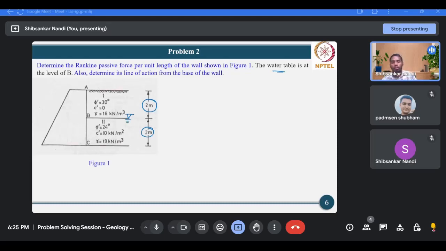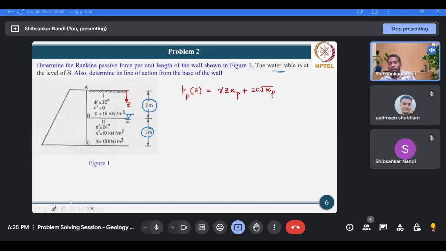First we'll see the generalized expression for variation of passive earth pressure with depth. If Z is measured from the top of the backfill, this will be gamma Z Kp plus 2c root Kp. How is this expression coming?